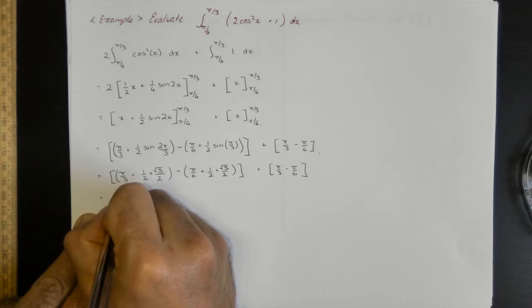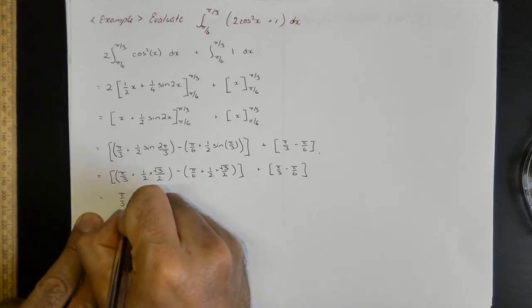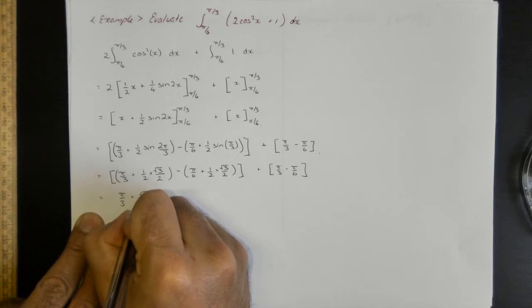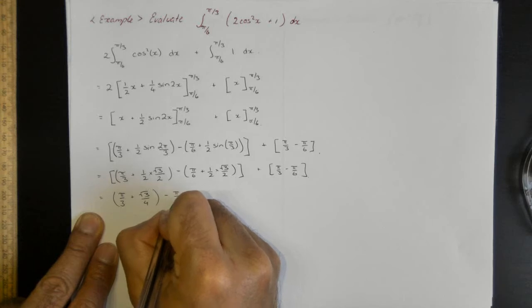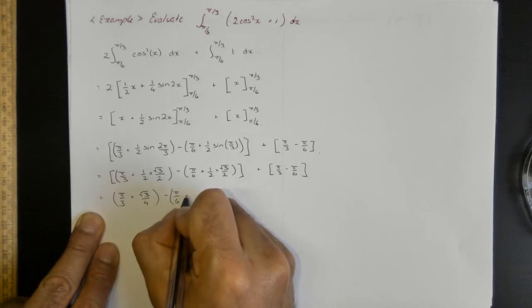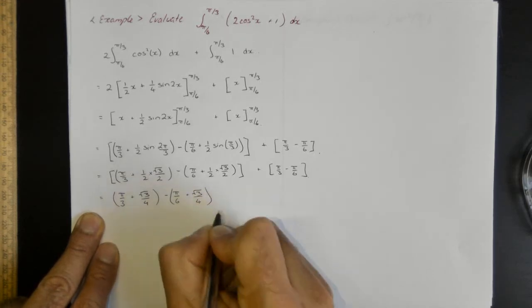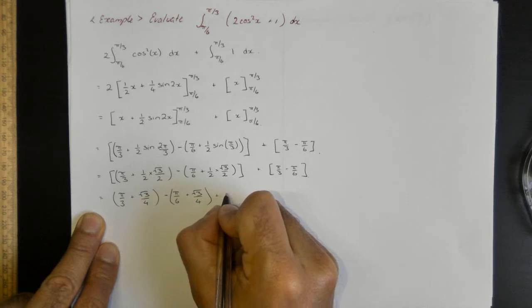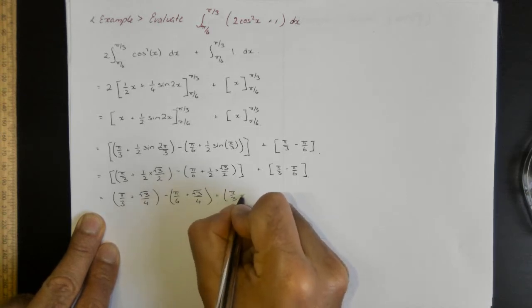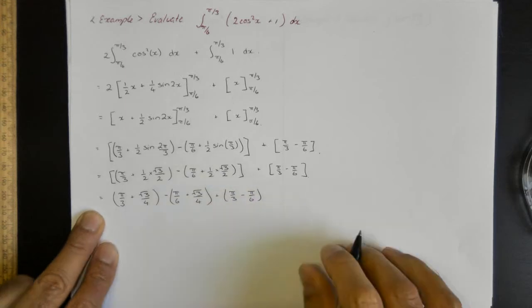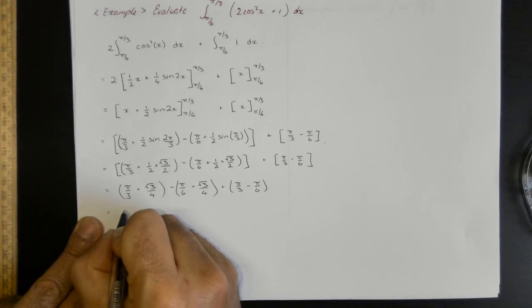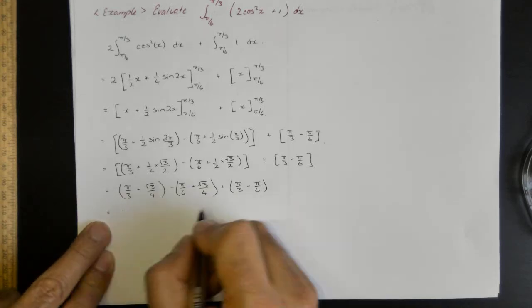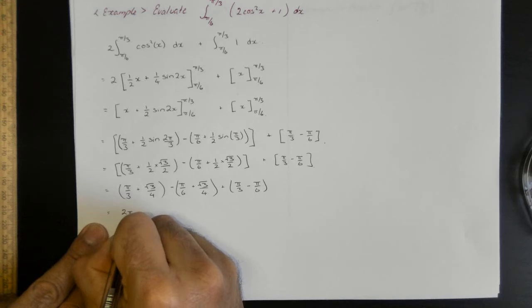Okay, pi on 3 plus root 3 on 4 minus pi on 6 plus root 3 on 4, plus pi on 3 minus pi on 6. Well, that will cancel out with that. That becomes 2 pi on 3.